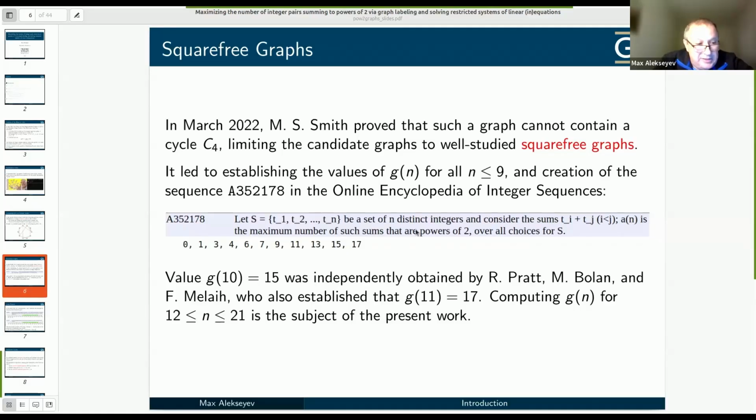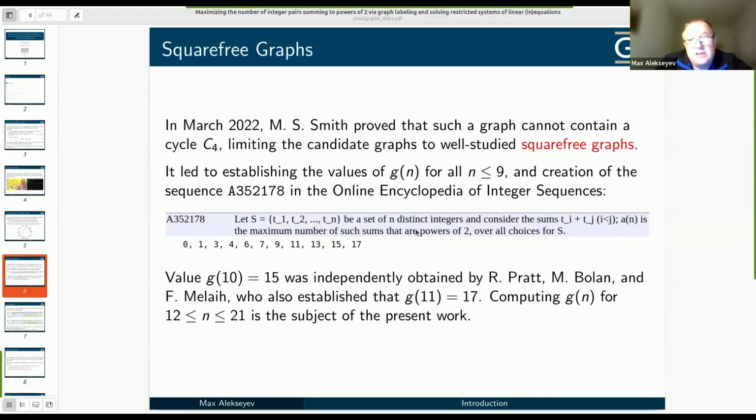It also severely restricts the number of candidates to consider. So the problem becomes easier for us if we want to consider all possible graphs. In particular, it led to establishing exact values of the function g of n for all values up to 9. I believe back then the sequence with ID A352178 was added to the Online Encyclopedia of Integer Sequences.